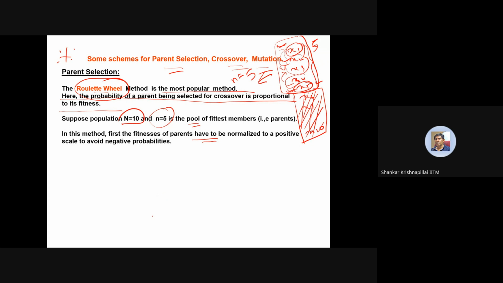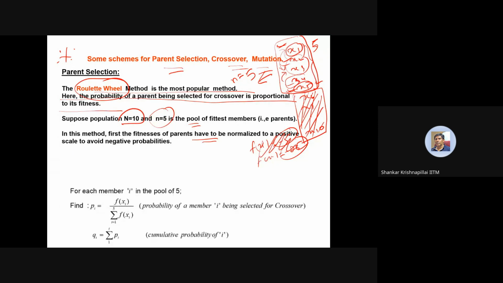We'll see that in the next slide. Suppose f of x is equal to minus 5, or f of x is equal to minus 25. These negative numbers should be avoided and converted to positive numbers before you do this roulette wheel.